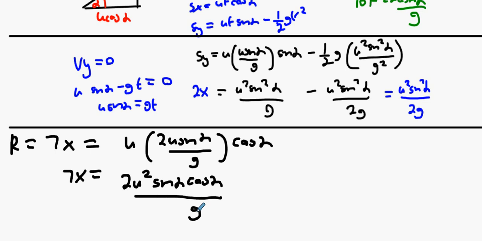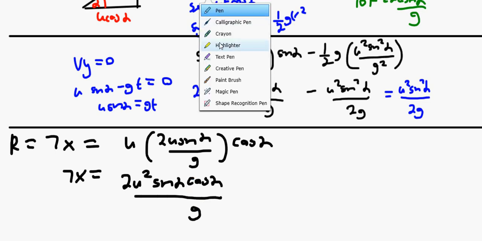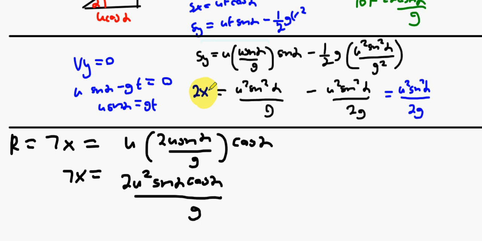Alright, have an idea. Why don't we turn this one into 14x and then turn this one into 14x as well? That means they're both the same value, aren't they? If I multiply the first one by 7 and the second one by 2, they'll equal each other because they'll both be equal to 14x. It'll save me dealing with any pesky fractions, okay?